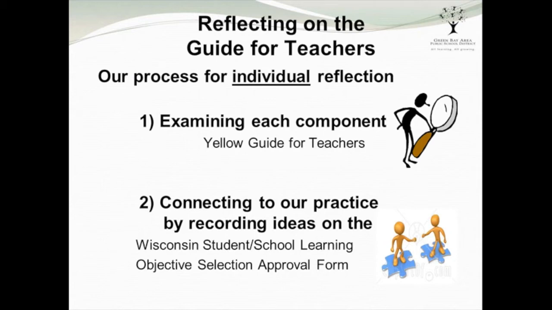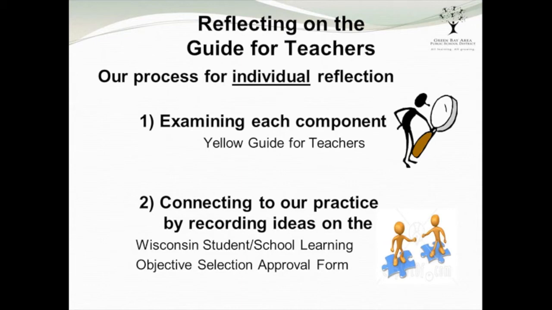First, you will be provided time to examine the prompts and criteria for the components of the student learning objective using the yellow guide copy. Second, you will be asked to record your ideas under each component related to our current practice on the white template. Each component will be examined individually.